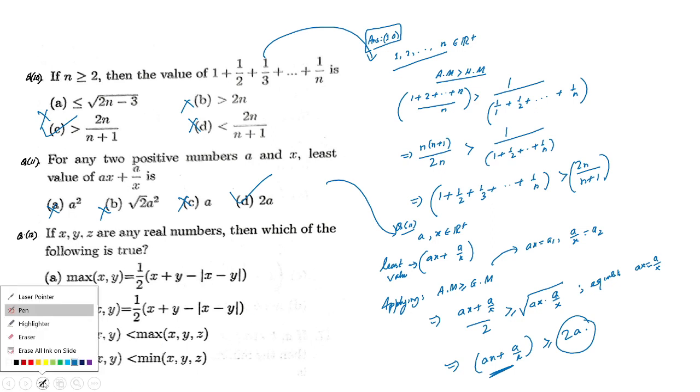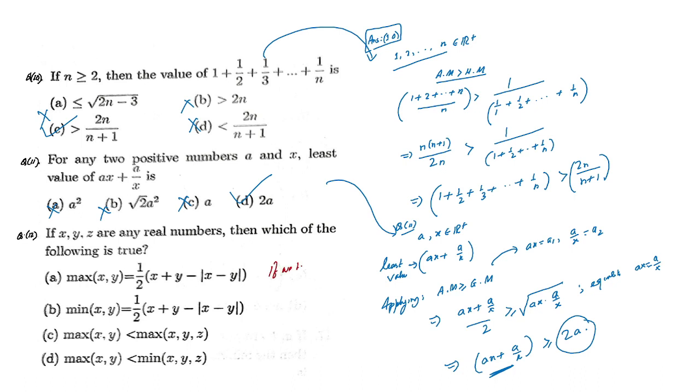And you know the formula for the minimum of A, B and the maximum of A, B. So if we take z less than x, y, then options A and C cannot hold.